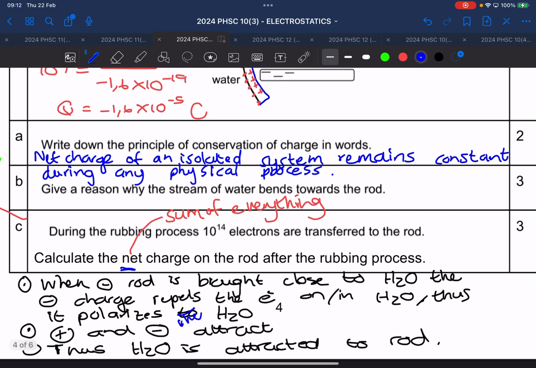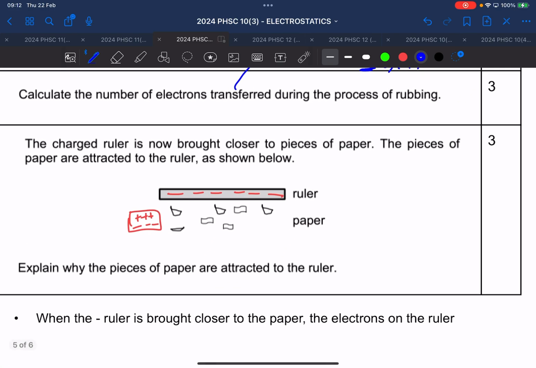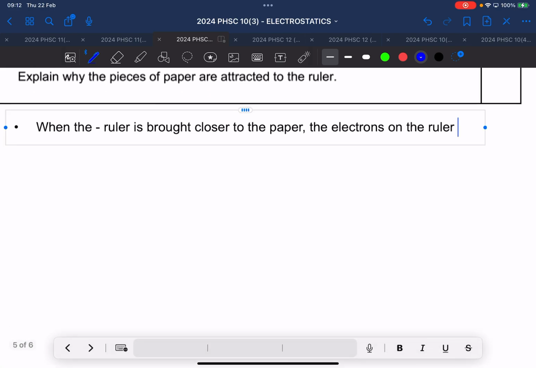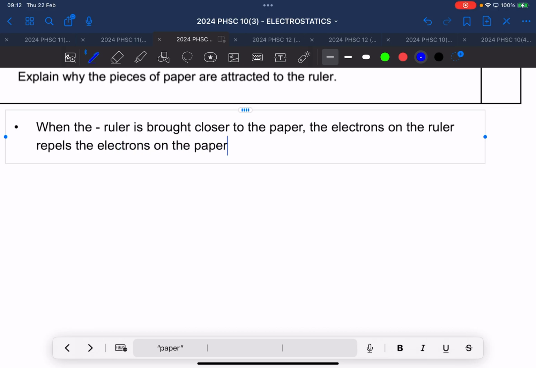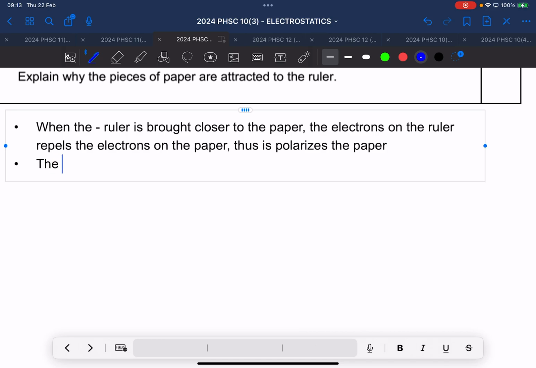Okay, are you ready, Lisechel? Okay, go for it. When the negative ruler is brought to the paper, the negative charge repels the electrons on the paper, thus it polarizes the paper. Yes. The positive and negative aspect.